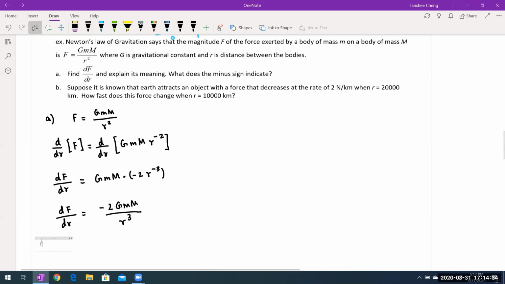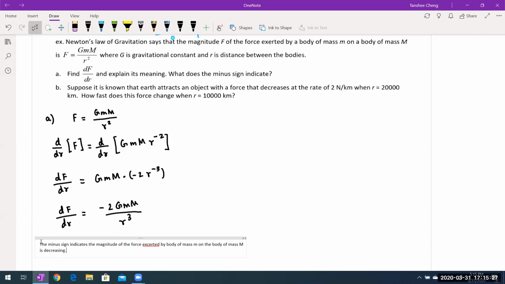So in this case, the minus sign indicates that the magnitude of the force exerted by the body of mass m on the other mass, the bigger one, M, is decreasing.